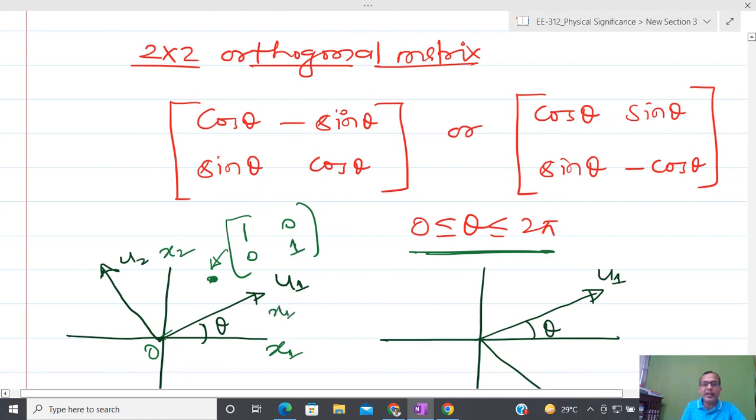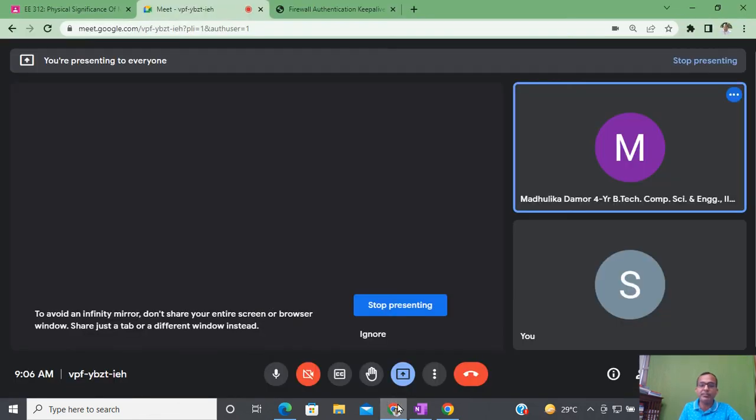If I try to represent the same point P using x1 dash and x2 dash, it is possible to show that this coordinate system is converted into this system. So directly it means that the orthogonal matrix tells us how the point changes if the coordinate system is rotated. Similarly, if you see here, this gives the rotation in the other direction. If you have any confusion, then please let me know.